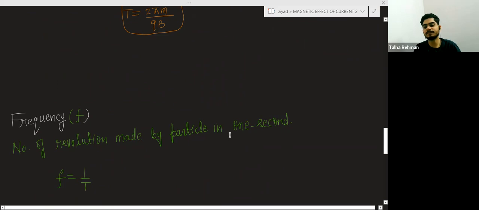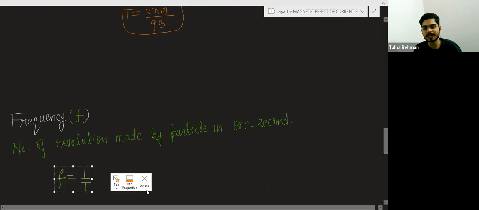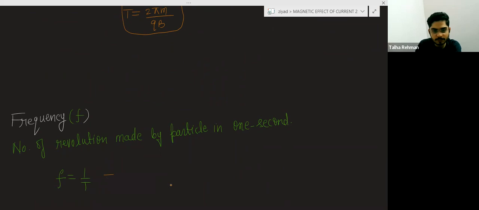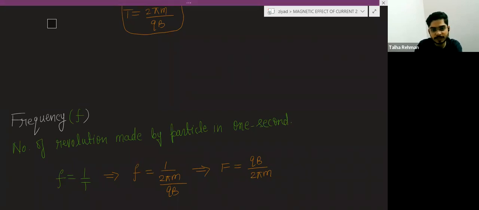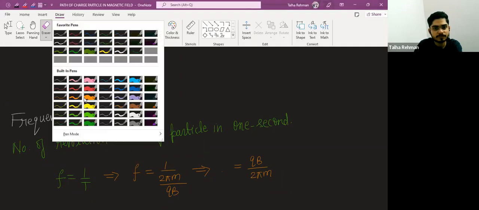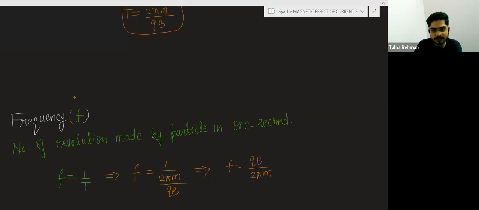So we can find the formula of frequency: 1 upon time period, and the time period is given by 2 pi m divided by charge into magnetic field. So from here you will get the formula qB divided by 2 pi m. This is the small f. These are some simple and basic things you should know.